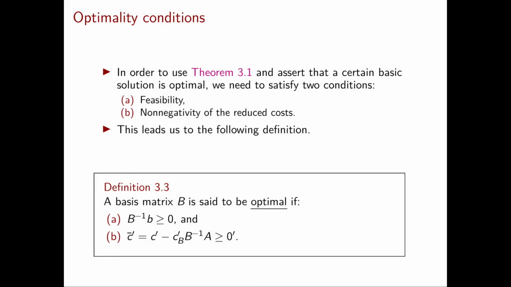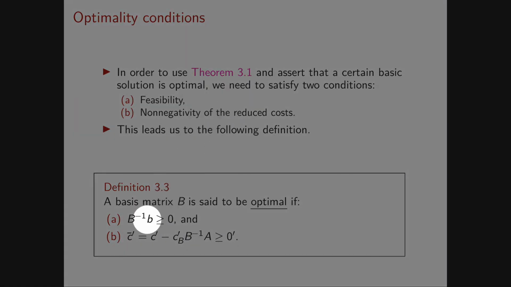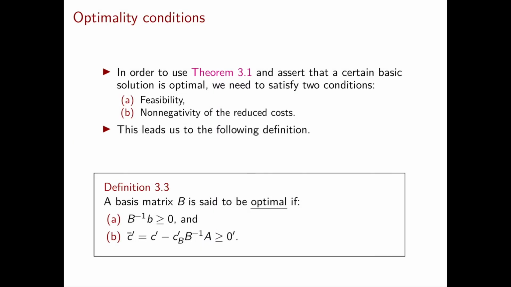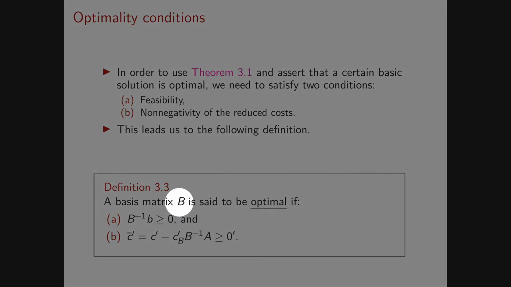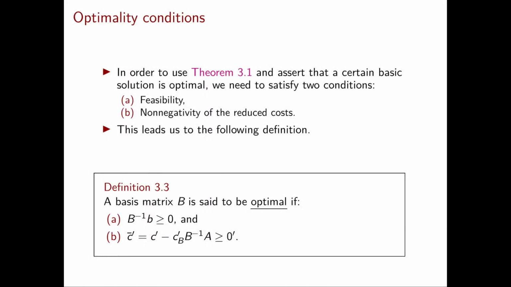The second condition is non-negativity of the reduced costs, which is c bar transpose greater than or equal to 0. And we've already seen that c bar can be written as c transpose minus c_B transpose B inverse A. So then you see this gives us a definition of a basis matrix to be optimal. And in this definition, essentially, we don't even need to talk explicitly about the corresponding basic solution.